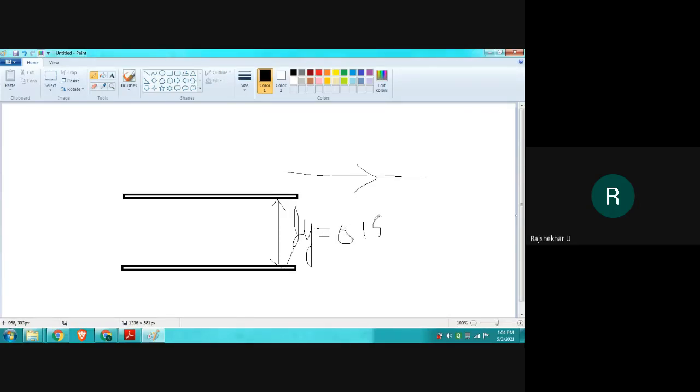It is given in mm, so we have to convert it to SI unit. There is some liquid present between the plates, and this is being pulled with some force. The area of the plate which is in contact with this liquid is needed.